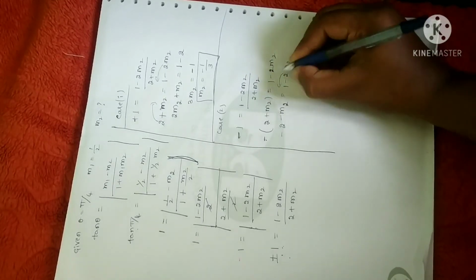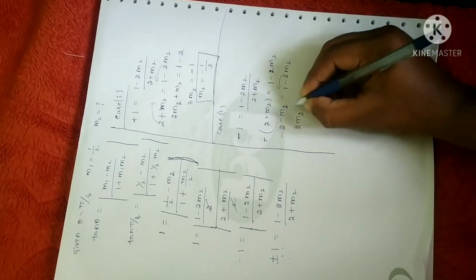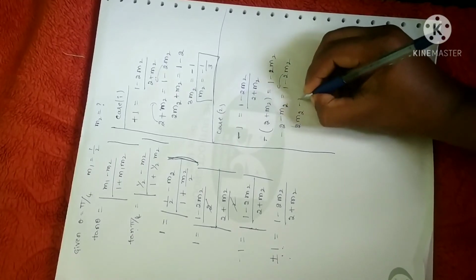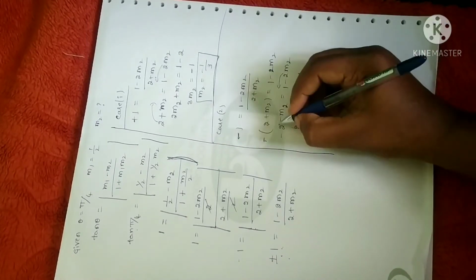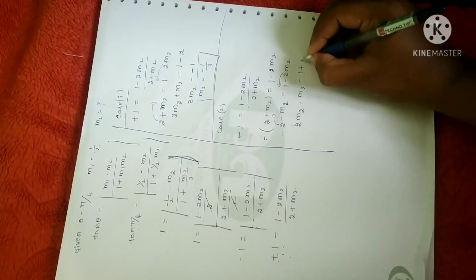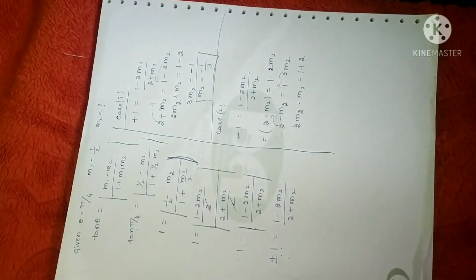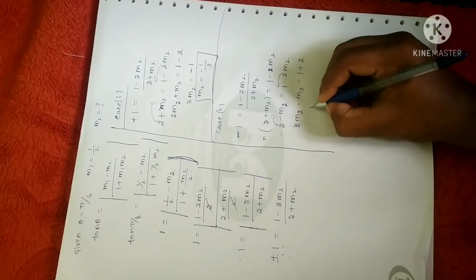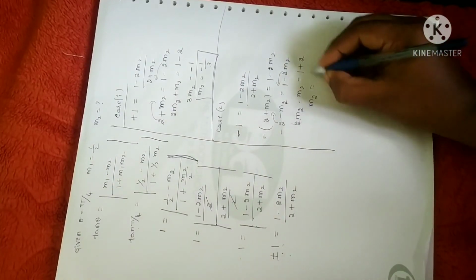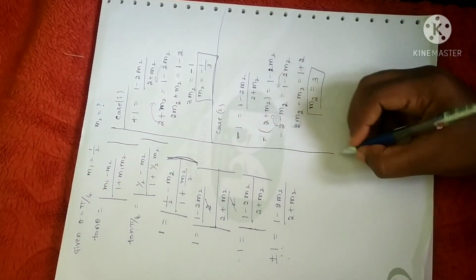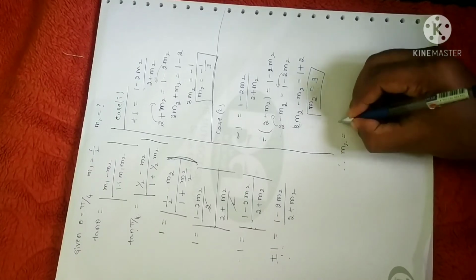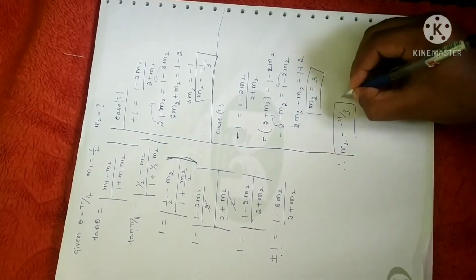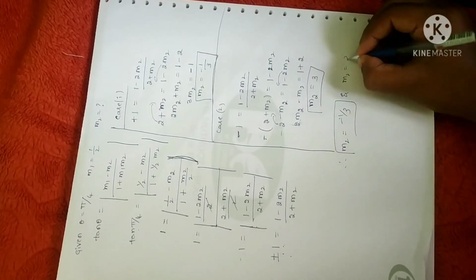Now I'm going to shift this. You will get 2m2 minus m2 is equal to 1, and shifting the 2, 1 plus 2. Now 2m2 minus m2 is only m2, which is equal to 3. So I have obtained the slope of the second line as minus 1 by 3 and 3.